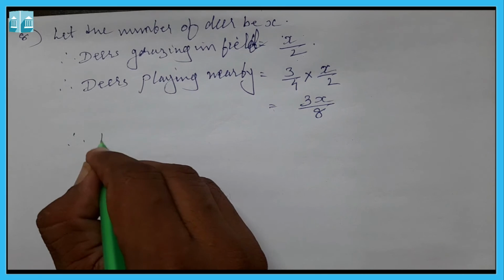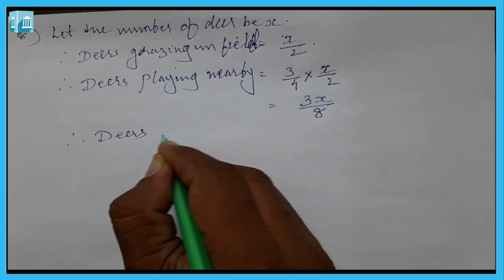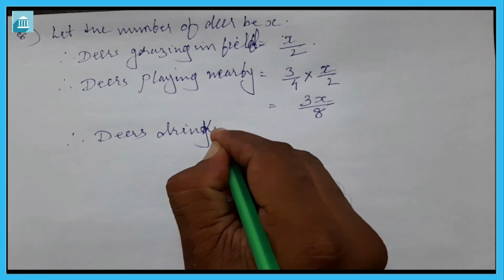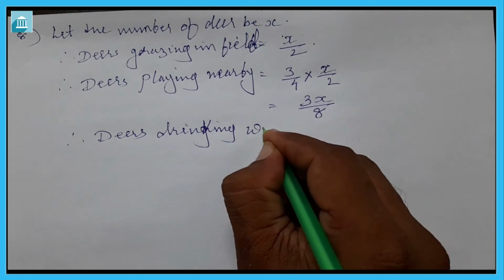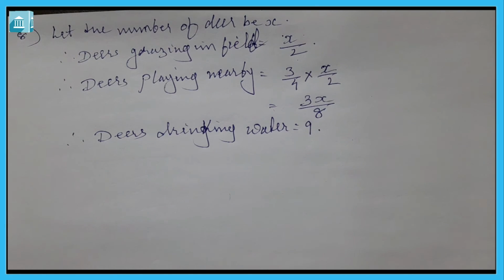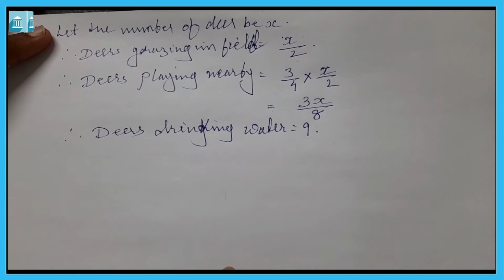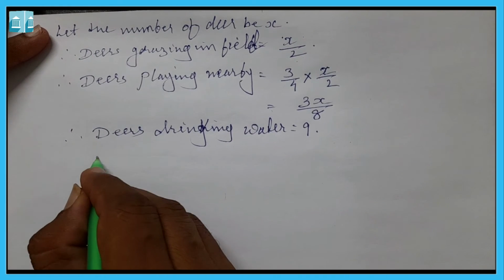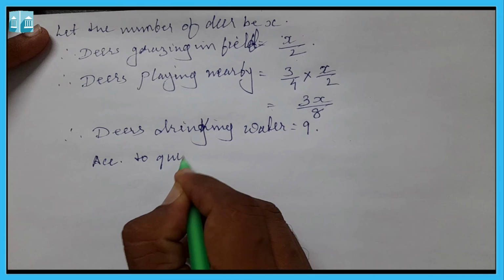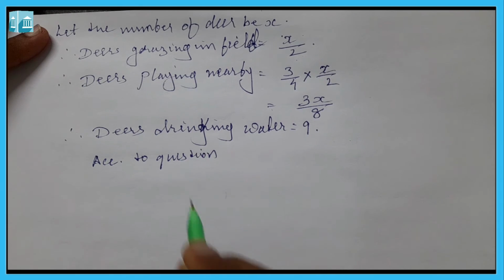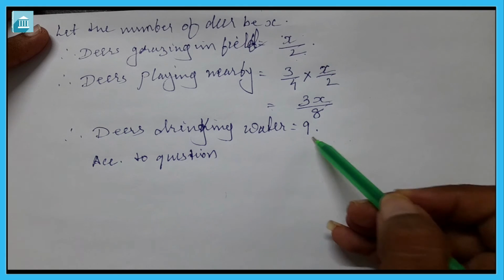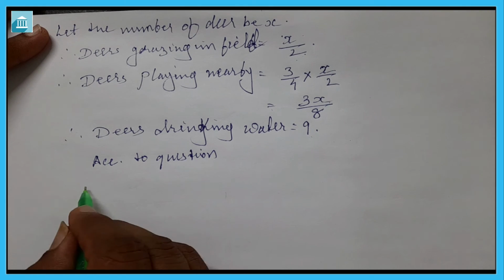So you can say that deer drinking water is equal to 9. Now according to the question, this plus this plus this is equal to the total number of deer.